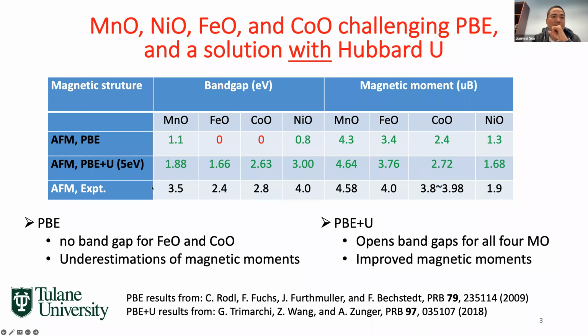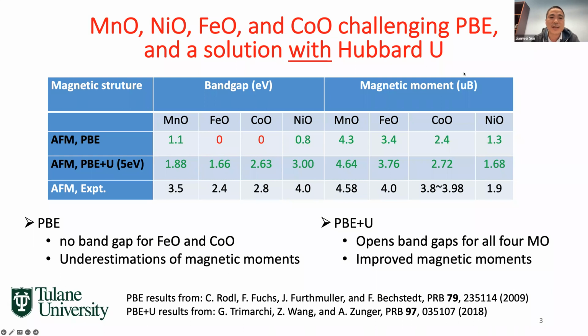Now, if you add the Hubbard U, the on-site Coulomb repulsion, to correct the PBE calculations, you find that the band gap can be opened.